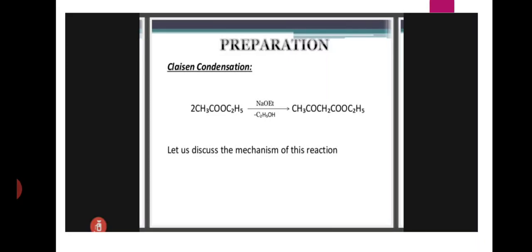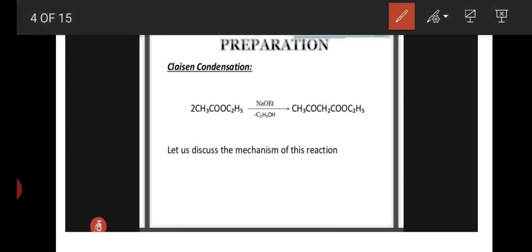Next is the preparation of ethyl acetoacetate. Okay, only one important preparation method is there, that is the Claisen condensation reaction. Here 2 moles of ethyl acetate condense with each other in the presence of sodium ethoxide and lose ethyl alcohol and form ethyl acetoacetate.